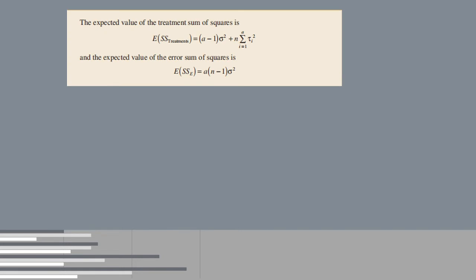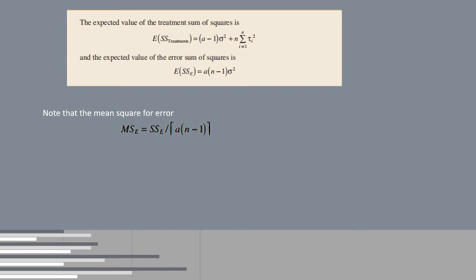Mabubuo naman natin ito, the expected value of the treatment sum of square. Ito naman, itong equation na ito ay para dito sa error sum of square, which finally we concluded that a times n minus 1 times MSE is equal to a times n minus 1 times sigma square. And note that the mean square for error MSE is equal to sum of square error over a times n minus 1.